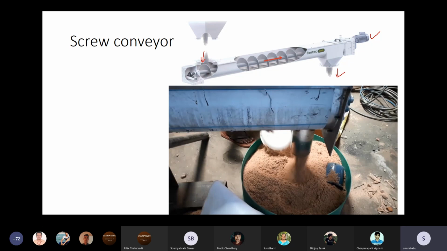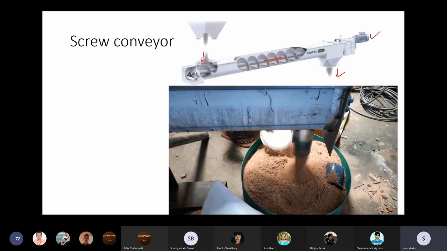But the only disadvantage is that they can only be used for short distances, and they can only handle small quantities, right? So these are the continuous mechanical screw conveyors.